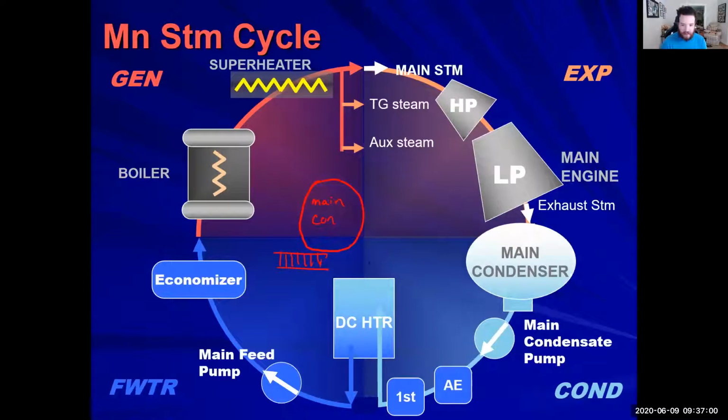We have our atmospheric drain tank over here, and we have our doorway into the engine room right here. Our main condensate pumps are located center line of the ship, forward of the main condenser. Those two pumps are your main condensate pumps.